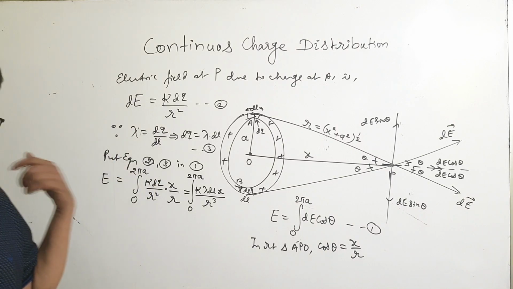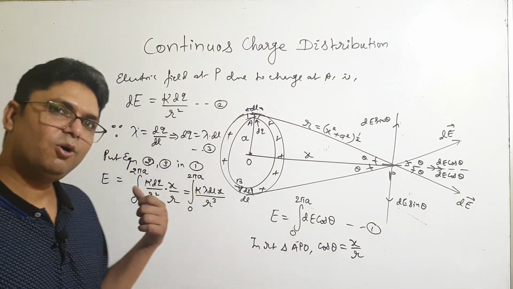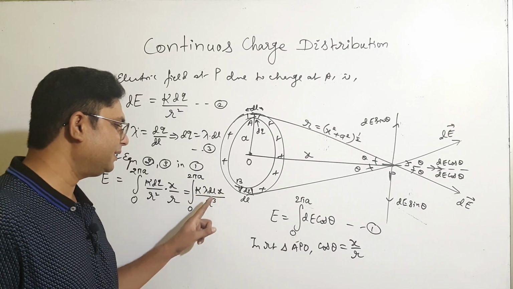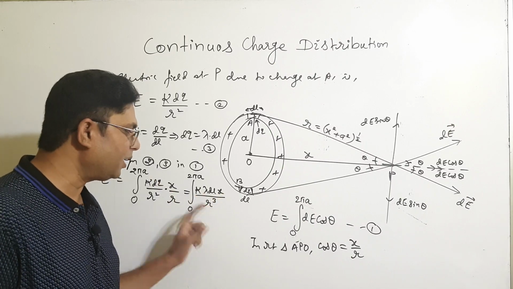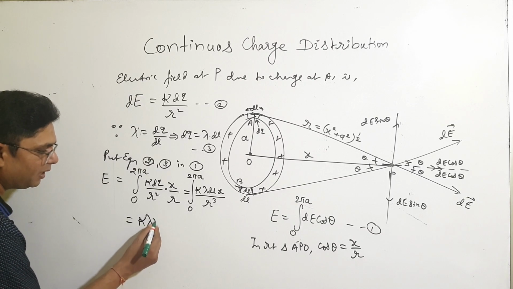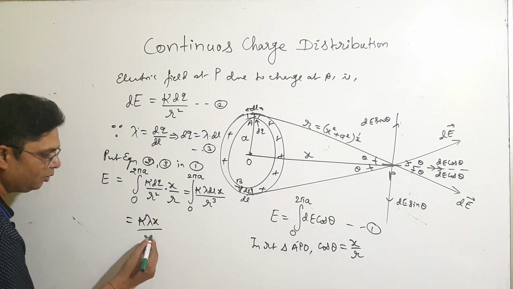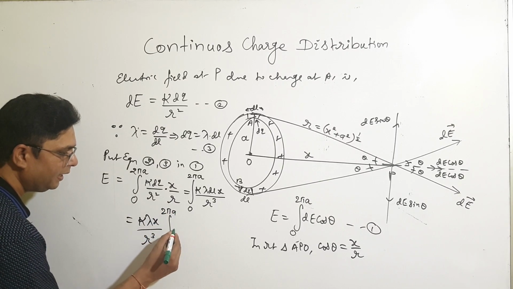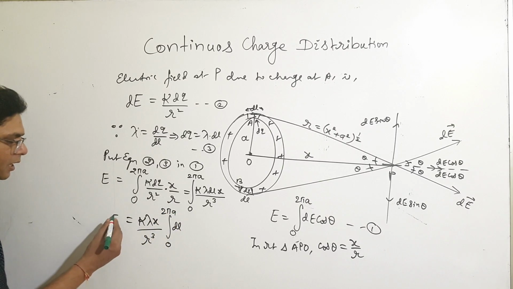Now let us take the constant terms outside. What are the constant terms here? They are k, lambda, x and r cube. So take out k lambda x upon r cube, and you have the integration from 0 to 2 pi a of dl.